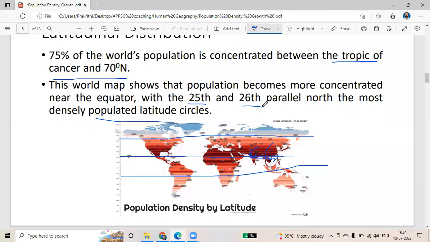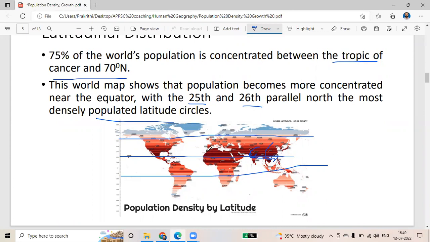So what we can understand is that the eastern region where China and its adjacent countries lie, along with that South Asia, where India and its adjacent countries lie, come under these areas where the maximum population density comes.